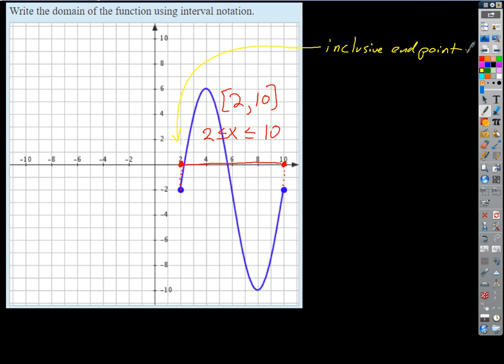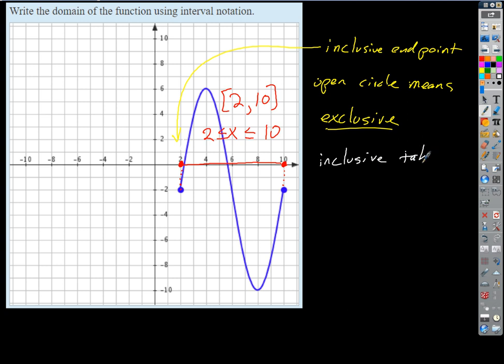An open circle means exclusive. And what we always remember about this is inclusive takes more ink, because I have to fill in the dot, I have to write the equal sign under the inequality, and I have to draw a bigger square bracket instead of a rounded one.